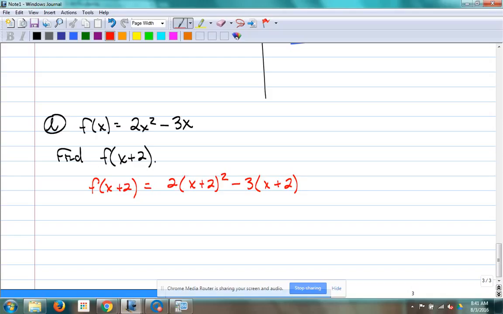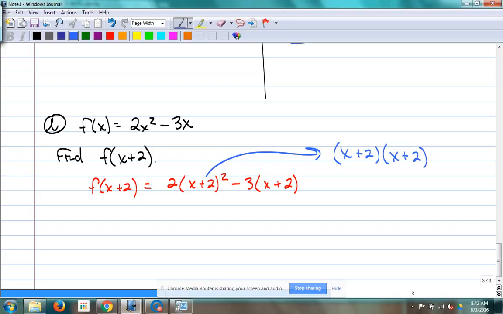No. Close. Wrong. Very common wrong answer for that. What's it mean to square something? Multiply it by itself. So if I multiply, maybe over here on scratch paper I say x plus 2 squared means x plus 2 times x plus 2.